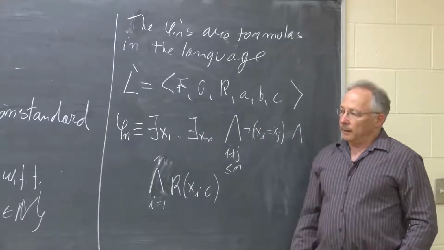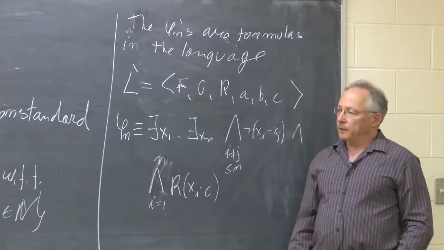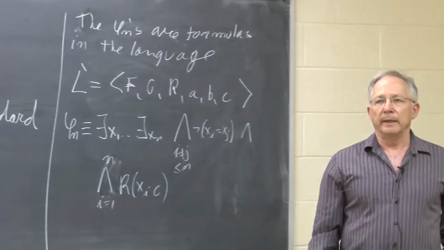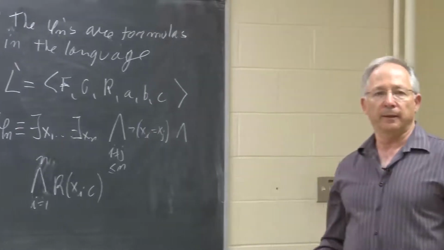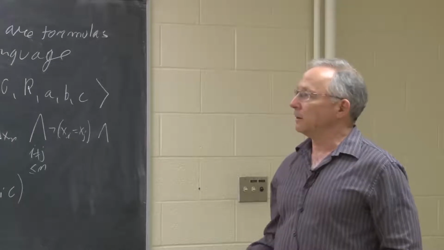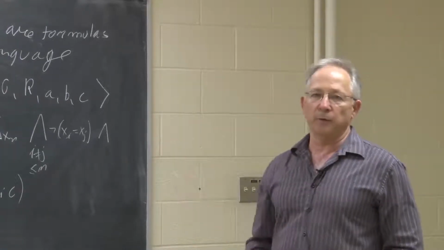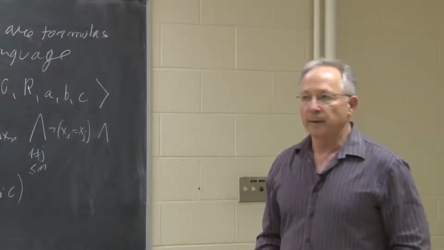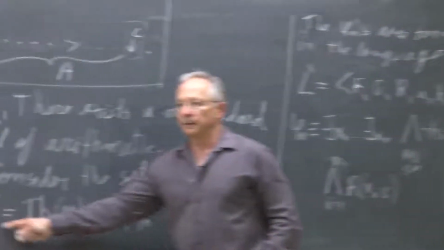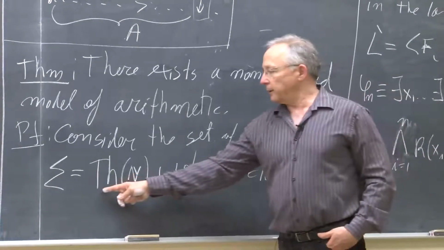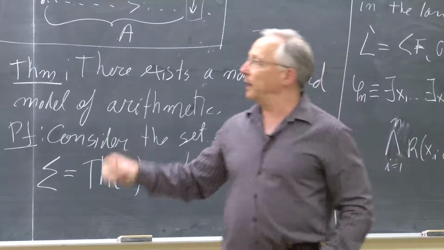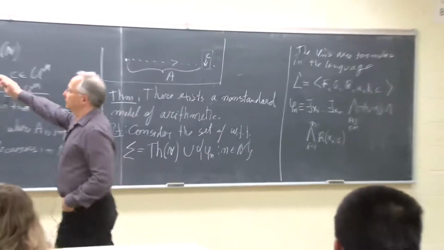Now, there are two things we want to show about this new sigma. First of all, we want to show that if sigma is satisfiable, if there is a structure that satisfies sigma, then this structure is inevitably a non-standard model of arithmetic. Right? Because if I have a structure that satisfies sigma, it satisfies all the formulas in the theory of N, so it meets the first requirement of being non-standard.